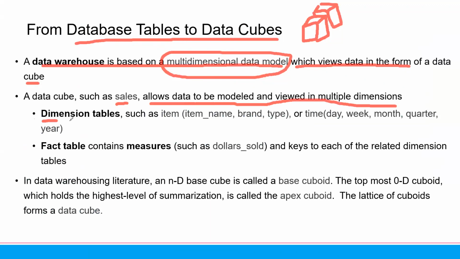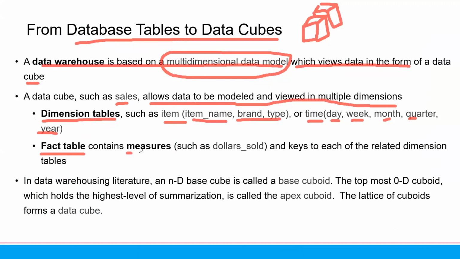That's why we will have dimension tables. The dimension tables are about the item or about the time. So the item can be the item brand or the brand type. The time can be day, week, month, quarter, or year. And we will have a fact table.